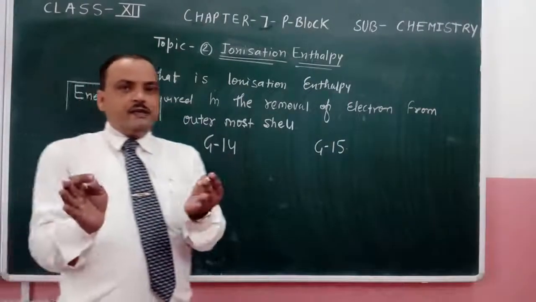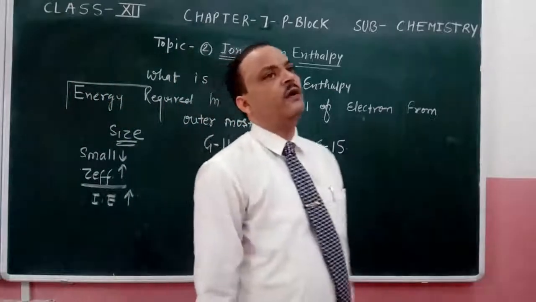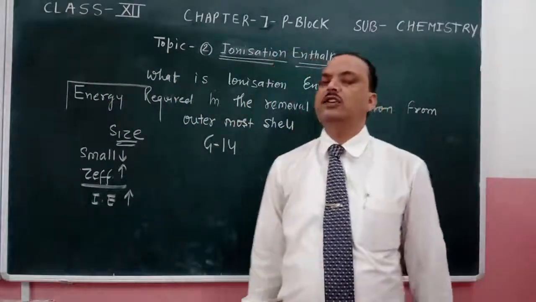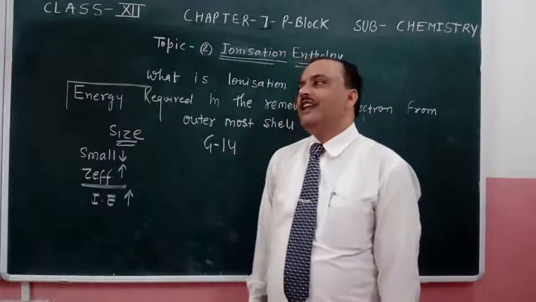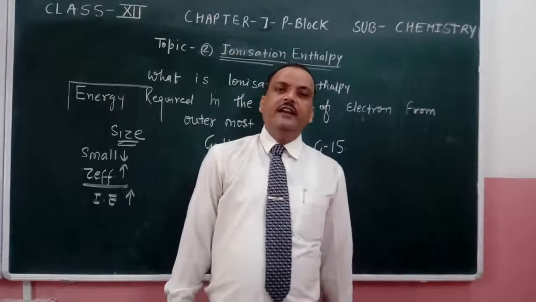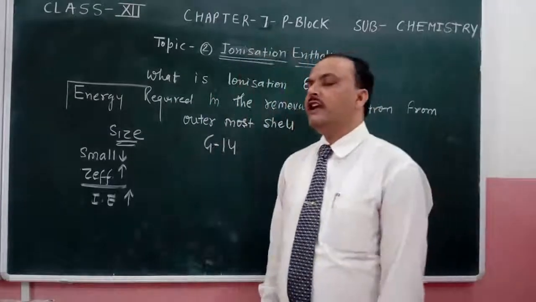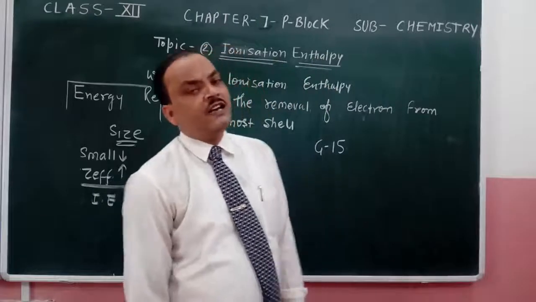If the size is small, the nuclear force applied on the outermost electron is large, and if we want to remove the electron, we need to provide a large amount of energy.